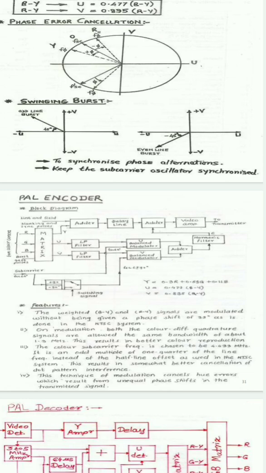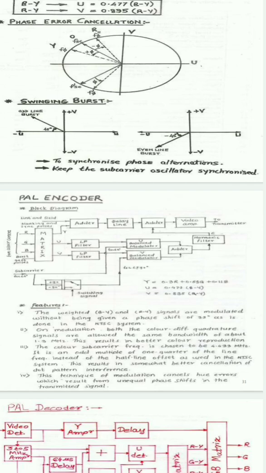When a phase error occurs, it automatically introduces an equal but opposite phase difference in the alternate lines. So in the simple PAL system, the switching effect produces alternate lines in some other color which is displayed on the picture tube.